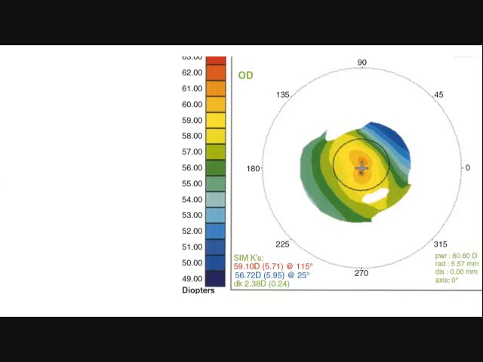So this is again the color-coded corneal curvature map of the right eye, and that is showing central steepening.